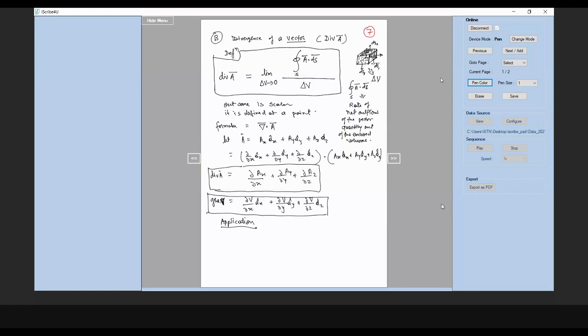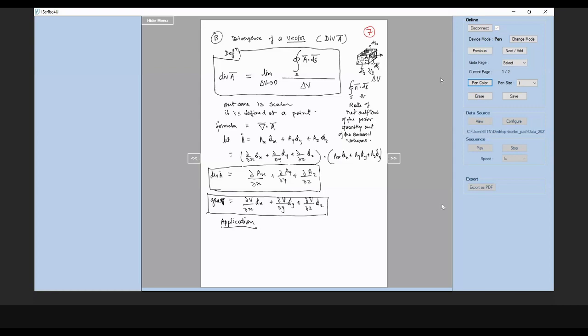If it gives net rate of outflow, why are you interested in knowing the rate of net outflow of a vector quantity? The rate of net outflow from an enclosed volume matters only if the volume is there. Volume means an enclosed surface is there. So there has to be a closed volume. Why are you interested in knowing the quantity emerging from a closed volume? Why is it so?